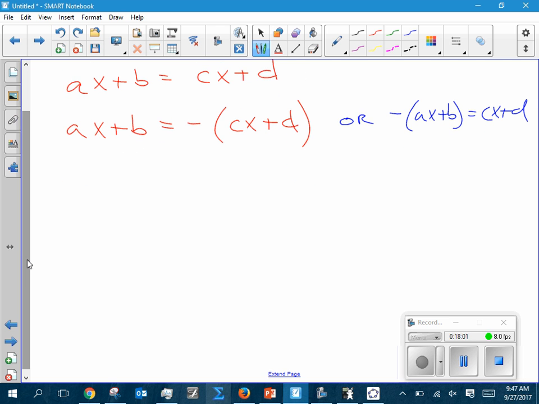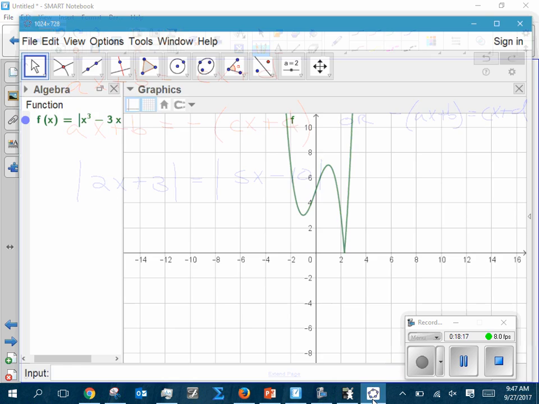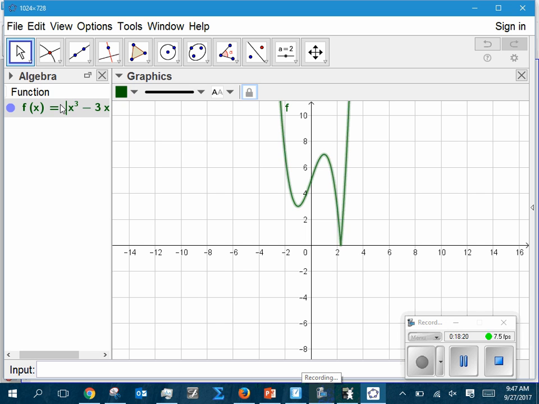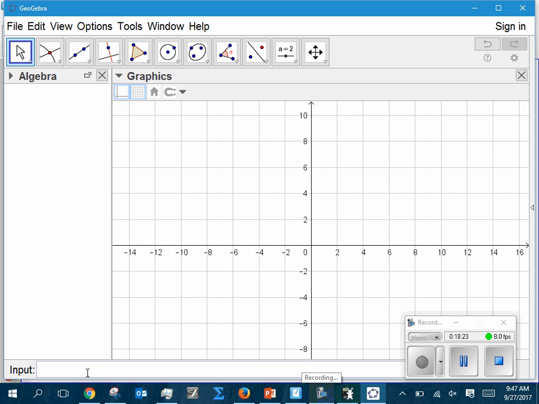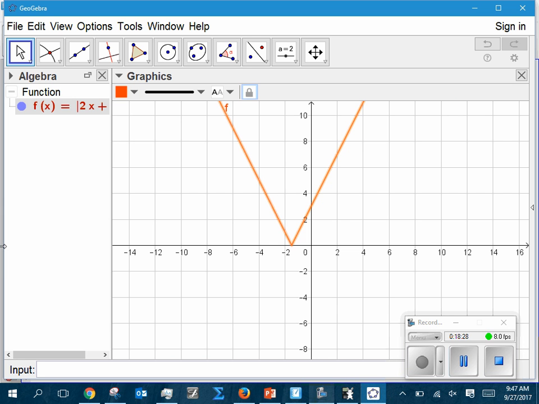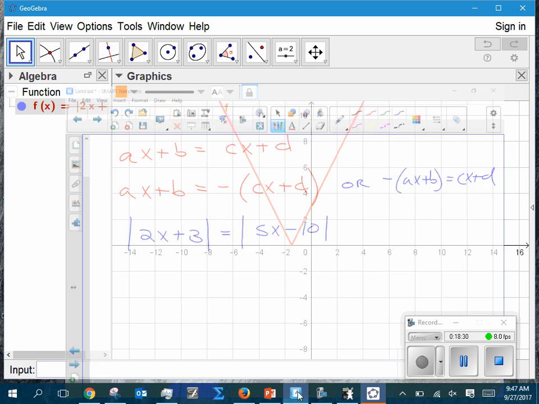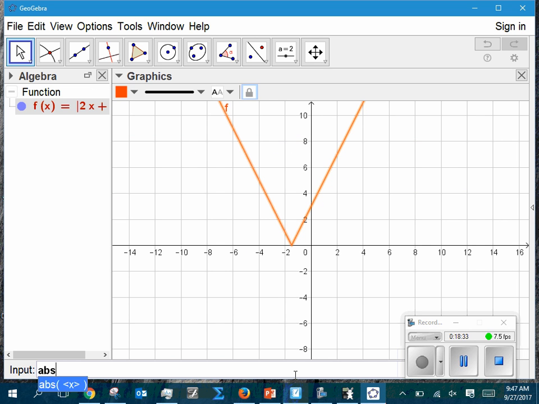Okay. So for instance, if I have the absolute value of 2x plus 3 equals the absolute value of 5x minus 10. What we're looking at graphically there would be 2x plus 3 and 5x minus 10, something like that.